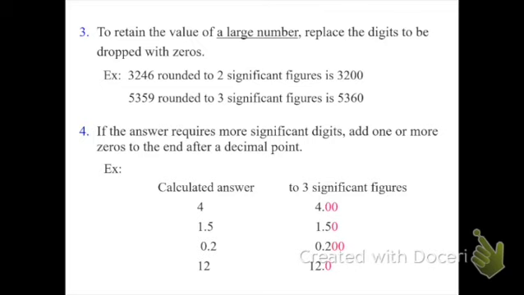So for example, if we have 3,246, which is 4 significant figures, we want to round it to 2 significant figures. In that case, we are going to count 2 significant figures. That's going to be 3 and 2. That's 2 significant figures. Everything that follows has to drop.